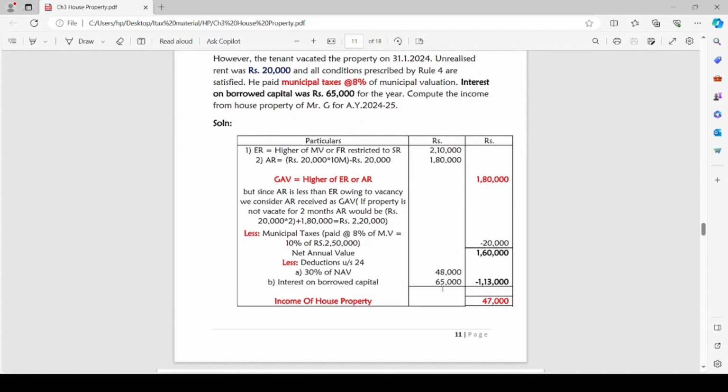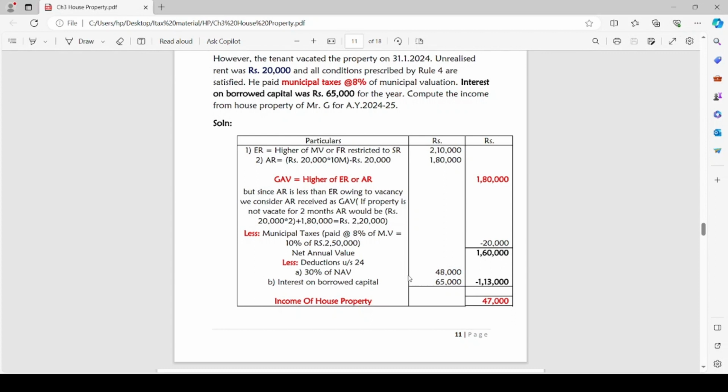So, under section 24B, we are deducting the amount of rupees 65,000, which has no ceiling limit because the property is let out property. There is no ceiling limit on claiming the deduction of rupees 65,000.